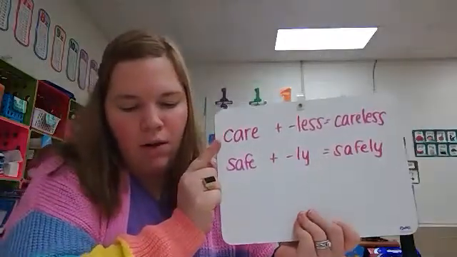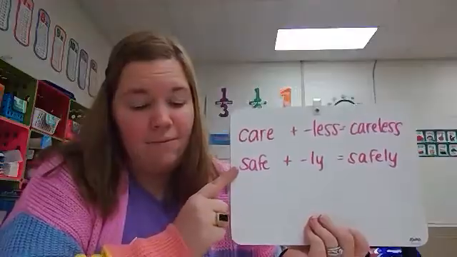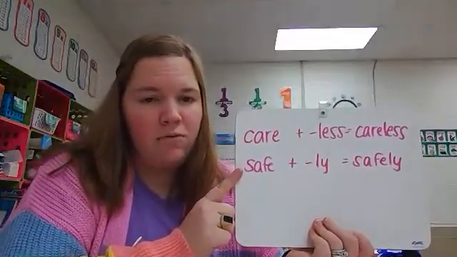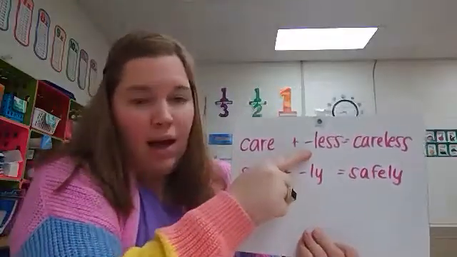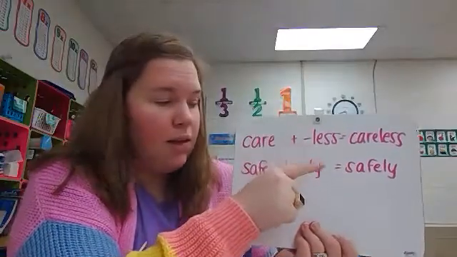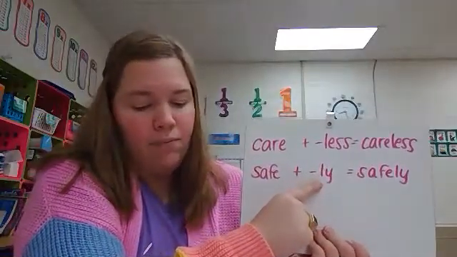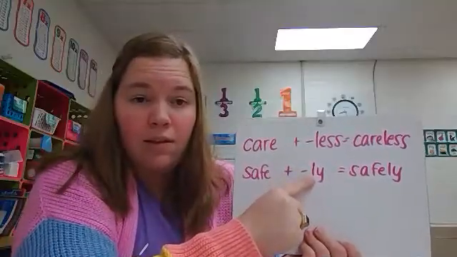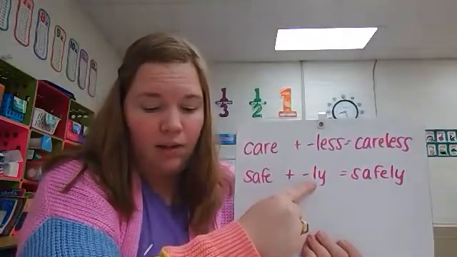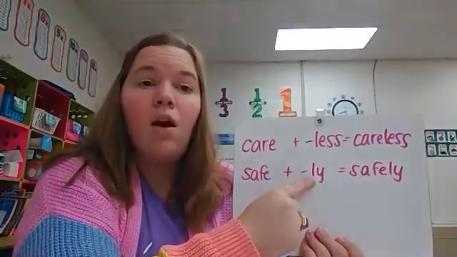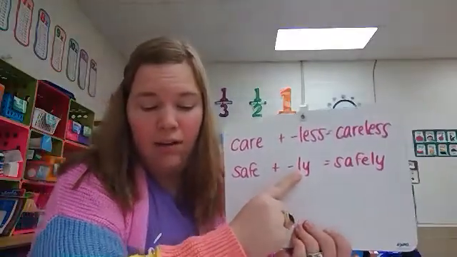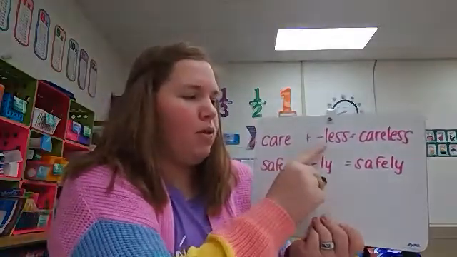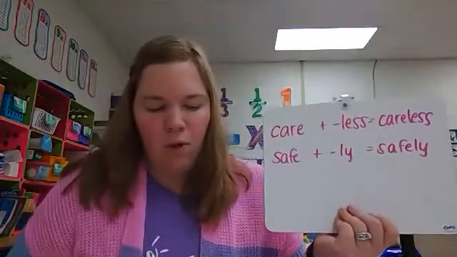We have care and safe, and we have two suffixes, less and ly. Are these suffixes vowel suffixes or consonant suffixes? Right, these are consonant suffixes this time. They both start with a consonant, both start with L.